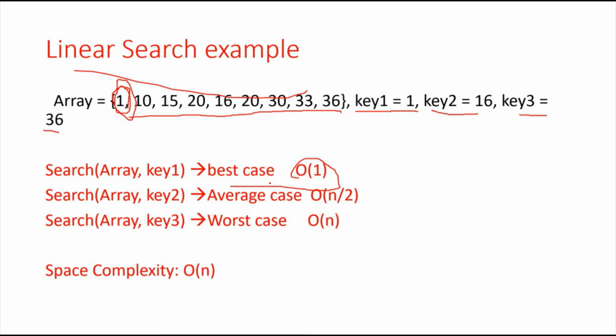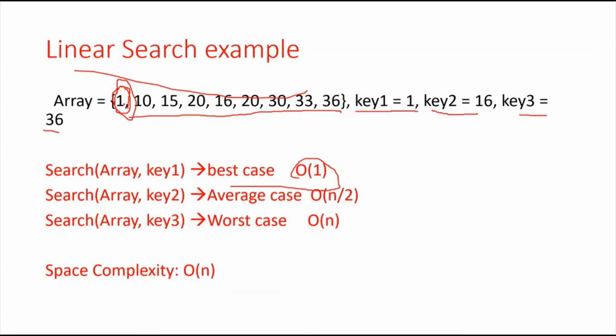That is worst case. Here if we find key 2 we will find it at index 4: 0, 1, 2, 3, 4. Our loop will perform the searching operation, the comparison operation, 5 times.